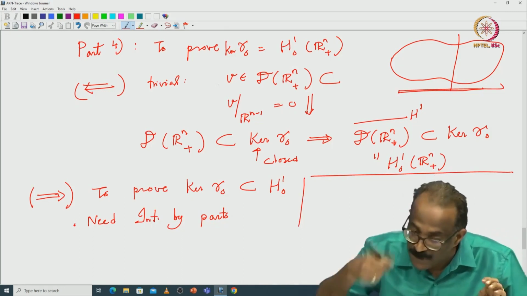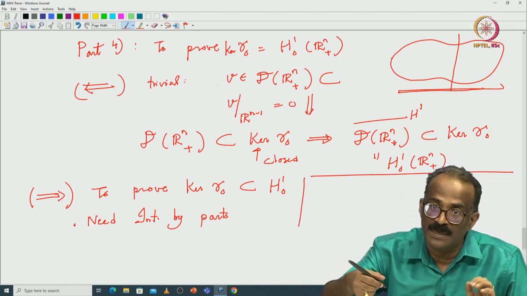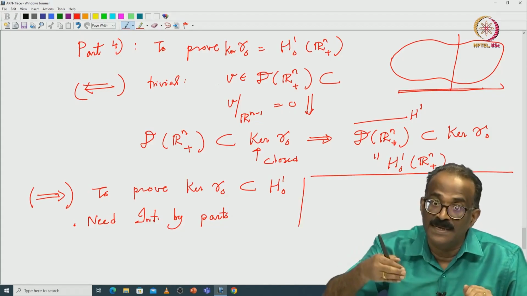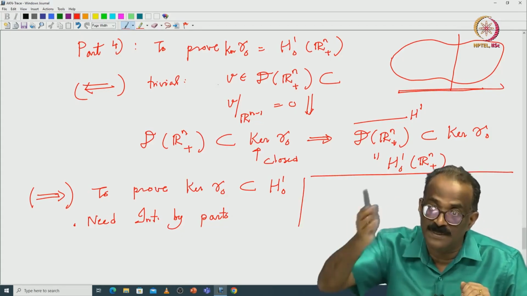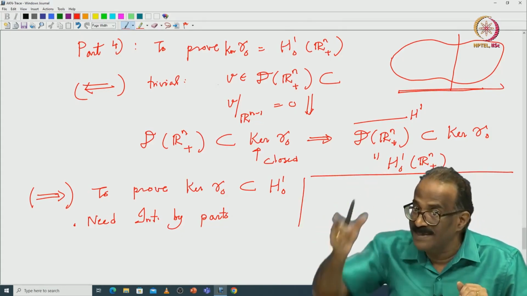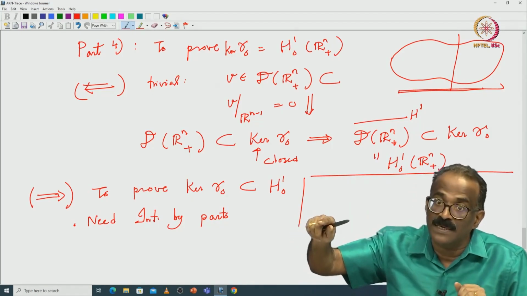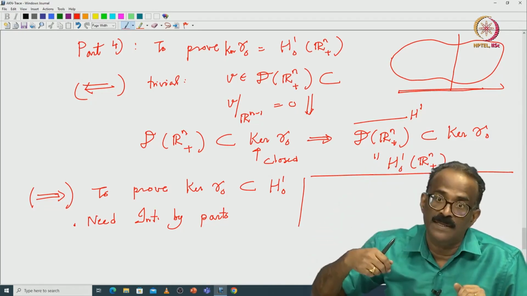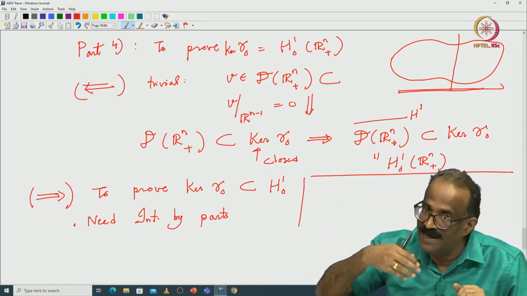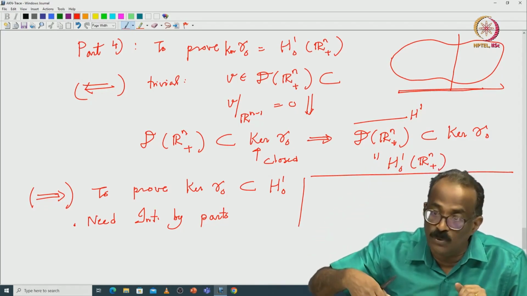Let me write down the integration by parts formula. You can move the derivative to the other function, plus a trace term will come. But in this case the trace is only on x_n equal to 0, so only the nth directional trace is there; the other you do not need.